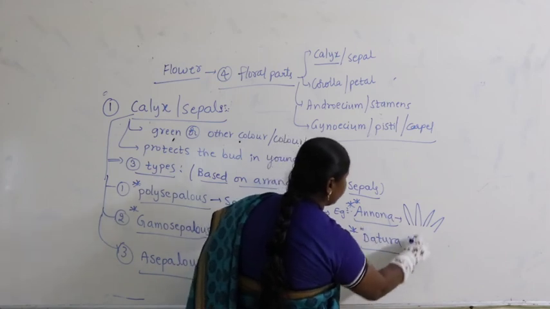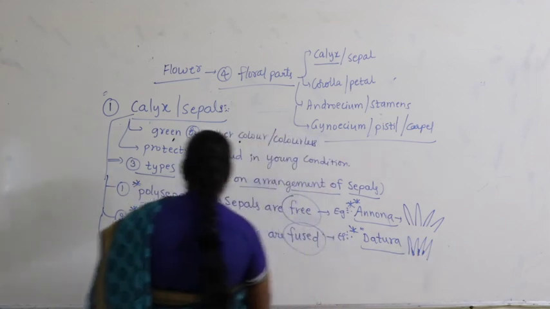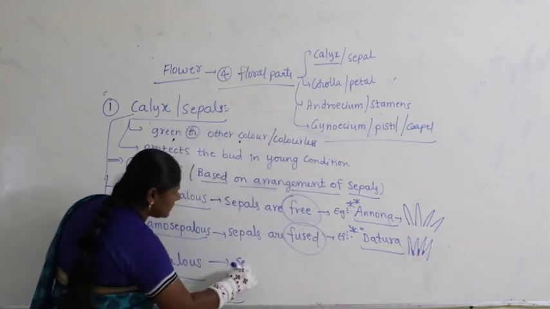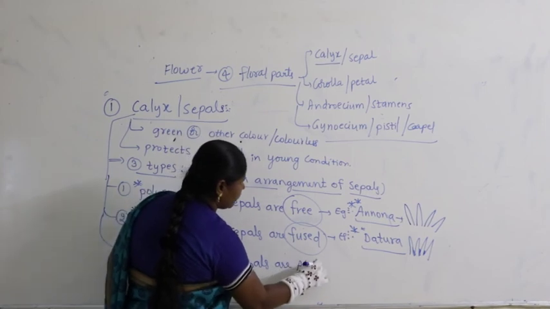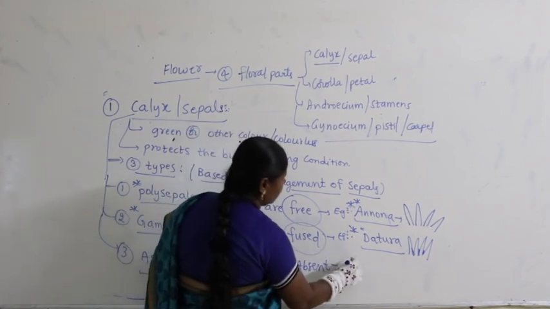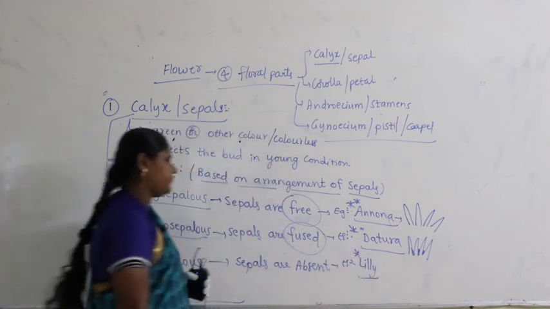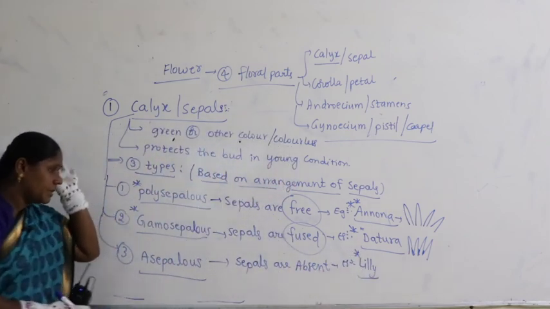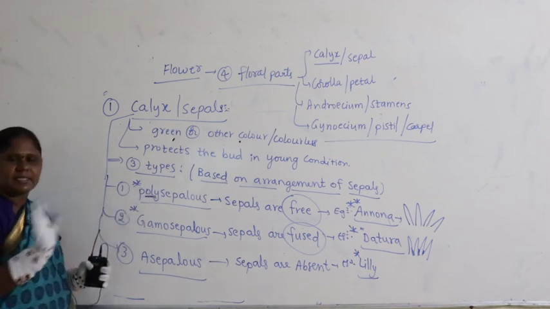Here the sepals are fused. One is attached to the other. They are fused. Asepalous means sepals are absent. You can take the example lily. That's it. What is the meaning of this? Whenever you get poly, don't take it as many.